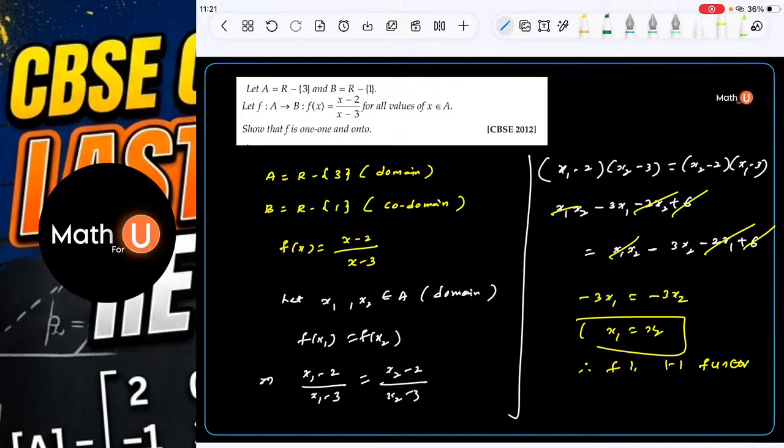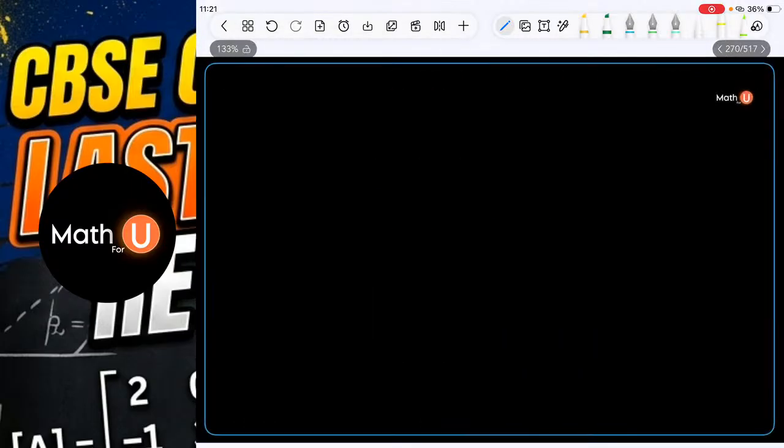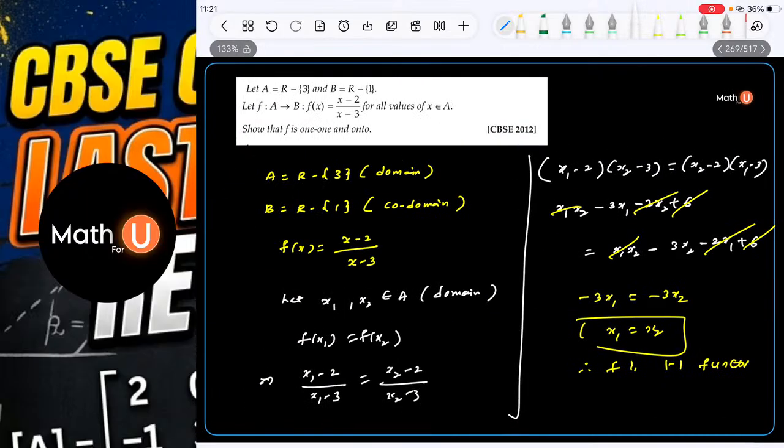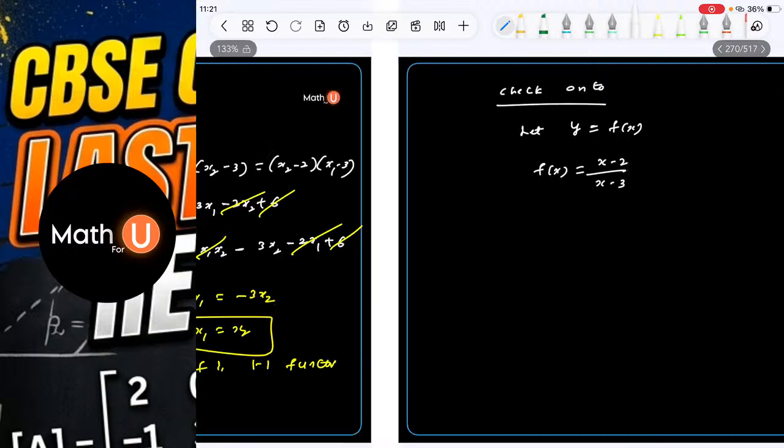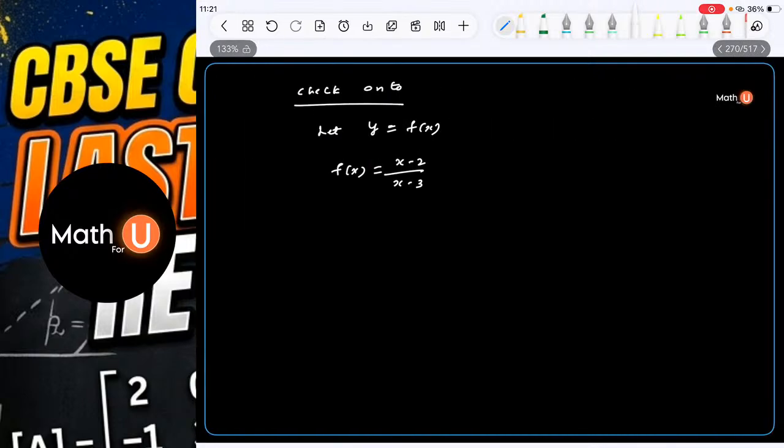Now how to show the function is onto. Check onto. Let y is equal to f of x. The function given is f of x equal to x minus 2 by x minus 3. In place of f of x replace y, cross multiply: x minus 3 into y is equal to x minus 2.